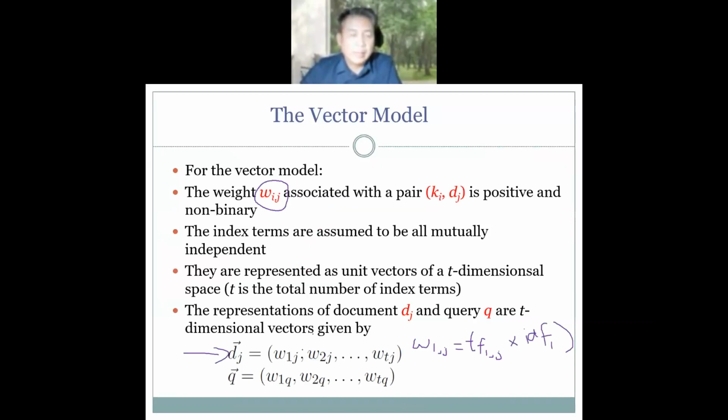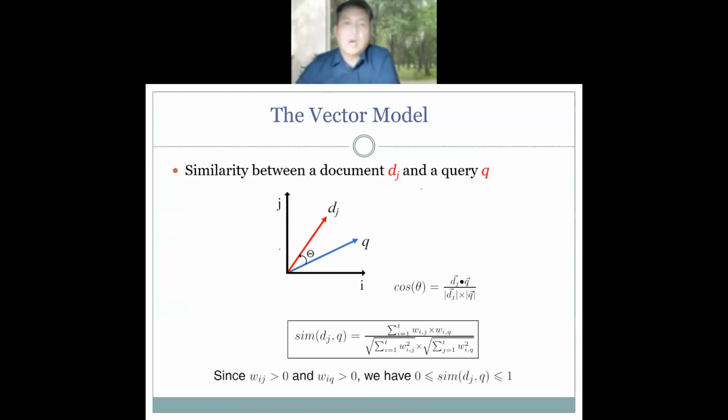Based on this vector, now we can quantify the differences between the document and the query. So our idea is, if our vector of the document is here and the query is here, this angle can be computed based on a formula that we can use.